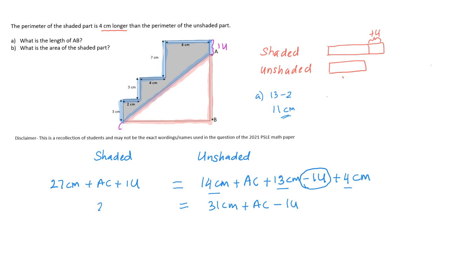And on this side, we have 27 centimeters plus AC plus 1U. So now I will bring this minus 1U onto the left, which becomes plus 1 unit. So that will give us 2 units is equal to 31 centimeters minus 27 centimeters plus AC. And when I bring this plus AC to the other side, it becomes minus AC.